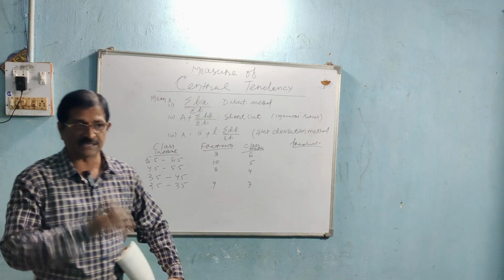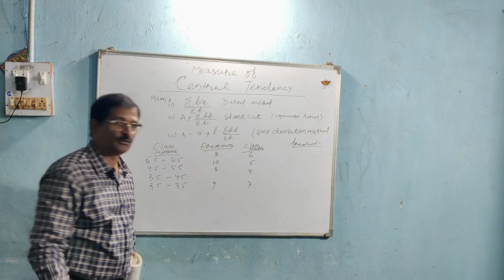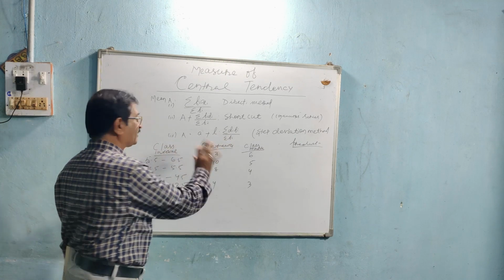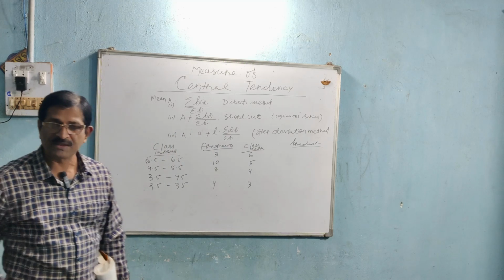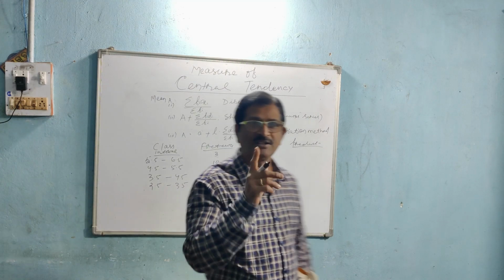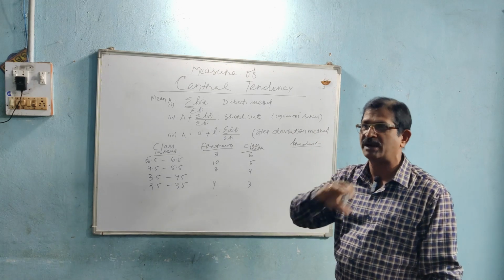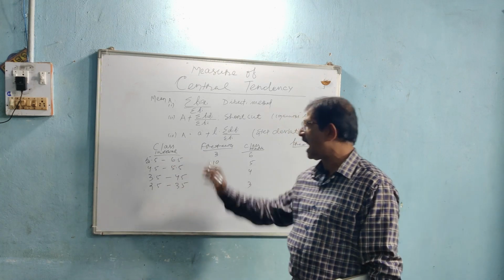Before going for the calculation, once again I remind you: you will get the class interval and frequency, and thereafter you have to find the class mark. To get the class mark, you add the upper and lower limit of the class interval and divide by 2.